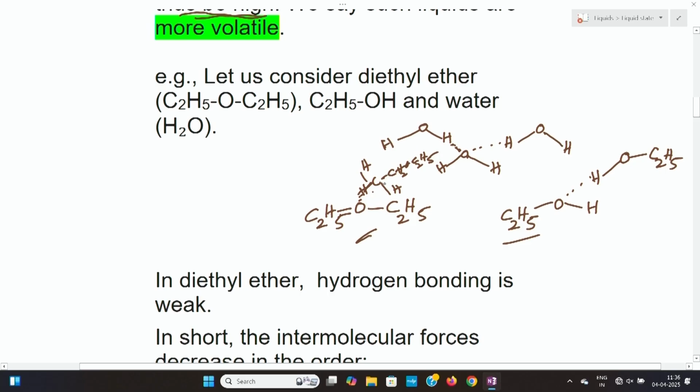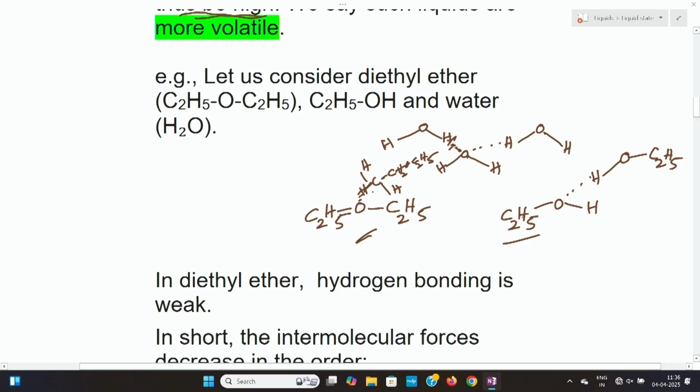There is no hydrogen bonding in the case of diethyl ether. Because of that, it is very easy to evaporate. In the case of ethanol, there is hydrogen bonding. When we look at the water molecule, the hydrogen bonding is so strong.